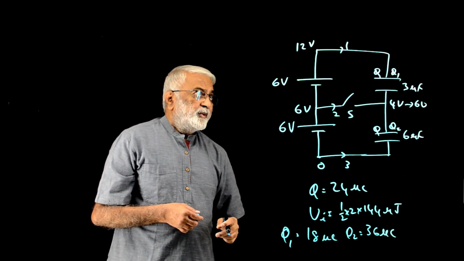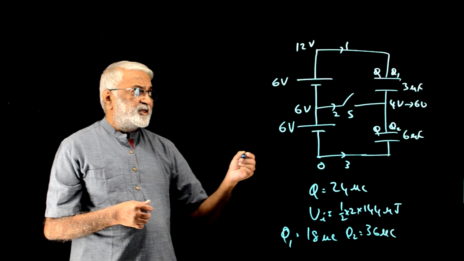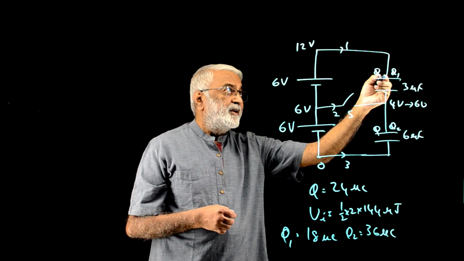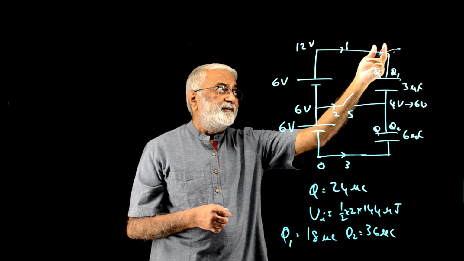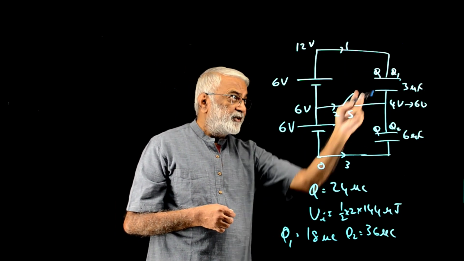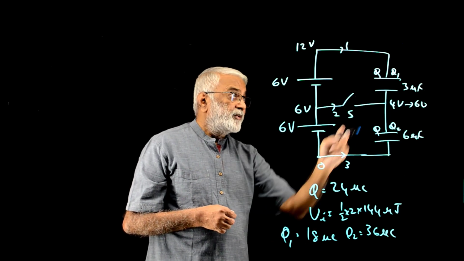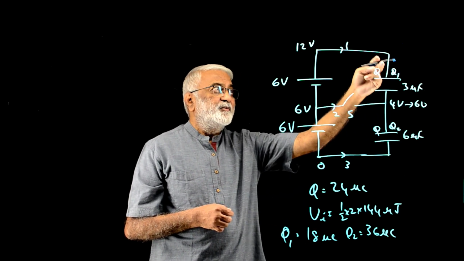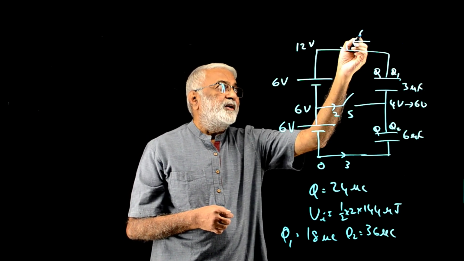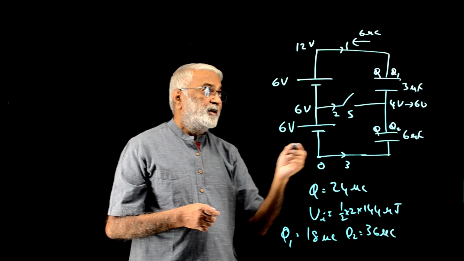And so we can find the charges that flow along various paths here. This was earlier 24 microcoulombs, now it is 18 microcoulombs. So 6 microcoulombs have flown this way, right? So this is 6 microcoulomb along path 1.